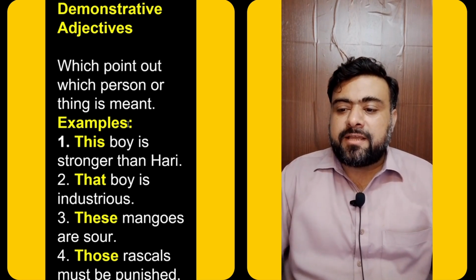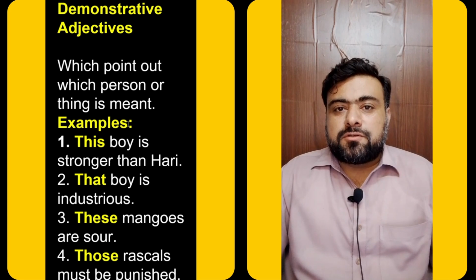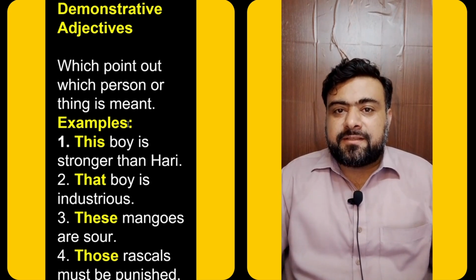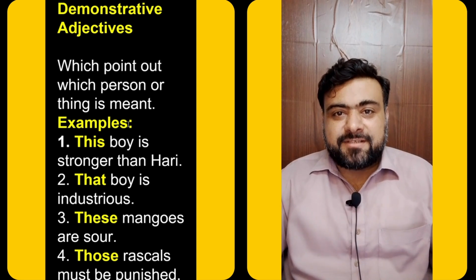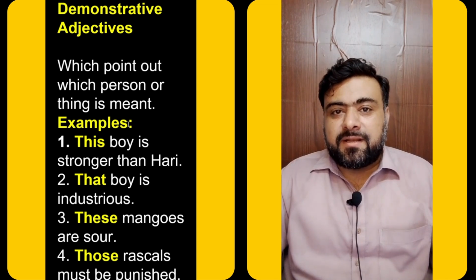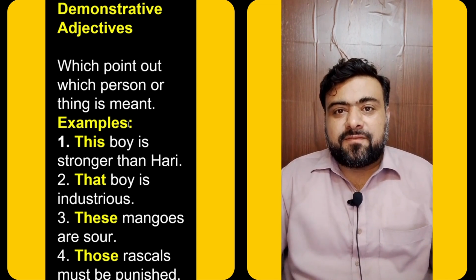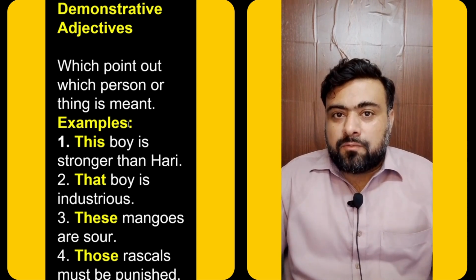For example, this boy is stronger than Hari. I'm talking about a boy, but I use this to demonstrate the exact person I'm referring to. In this sentence, this is an adjective and it is demonstrating the word boy. That boy is industrious. Similarly, that is an adjective demonstrating the noun boy.